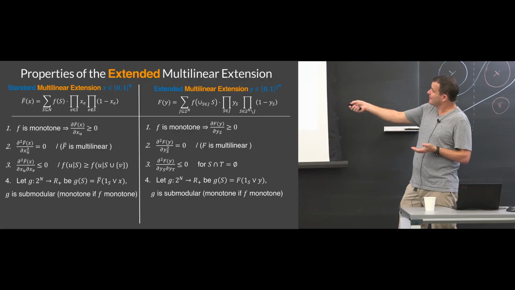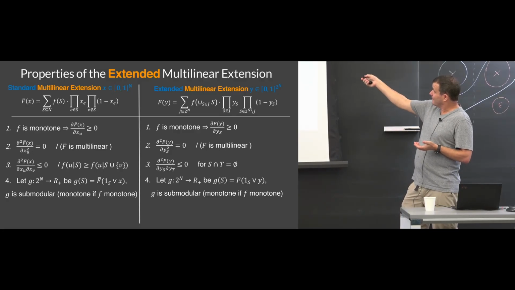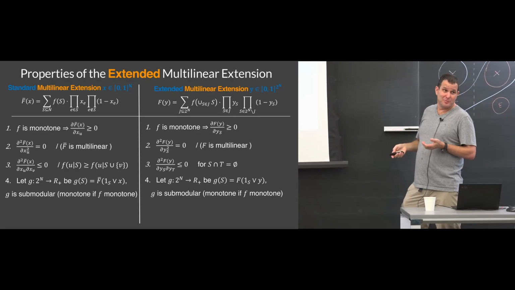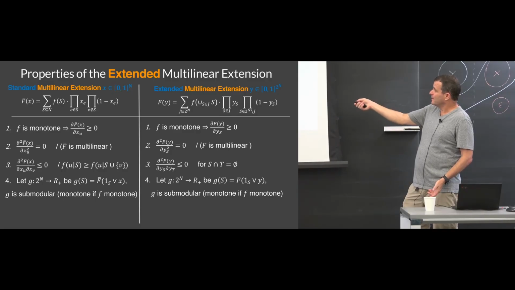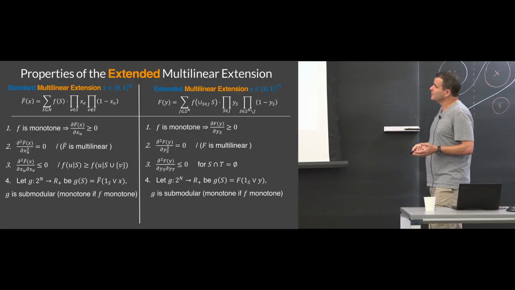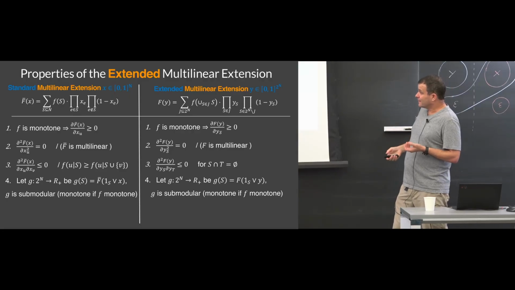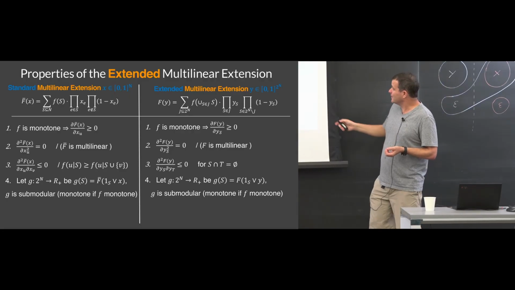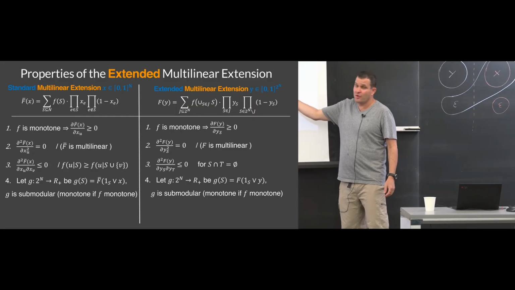So this is the standard extension. Vectors x are of size n. In the extended extension, the vectors are of size 2 to the n. And the properties are quite similar. If f is monotone, the derivative is only increasing. These are easy properties that you can prove. It's multilinear, so the second derivative is 0. The submodularity is true, but only if you take two coordinates that are disjoint.